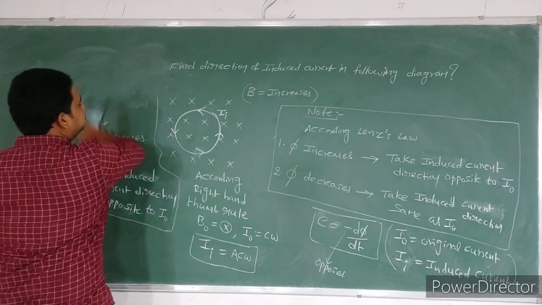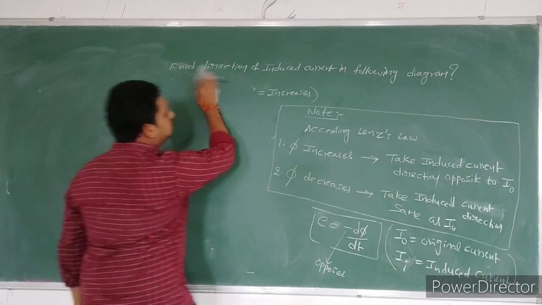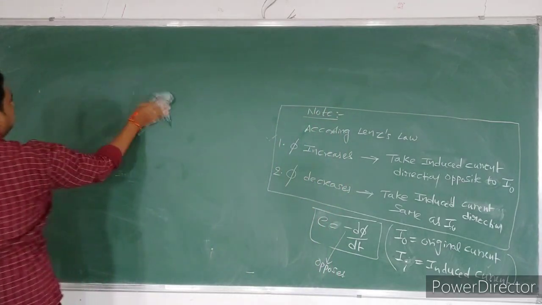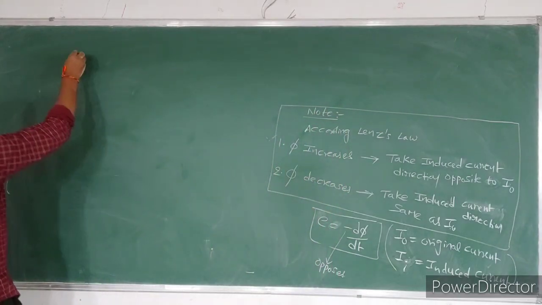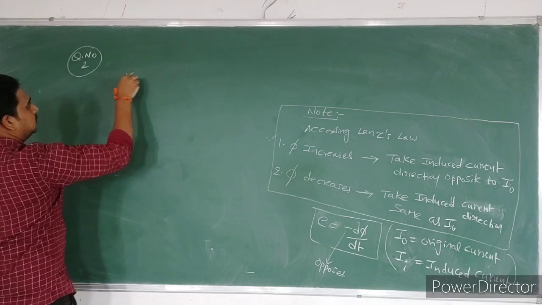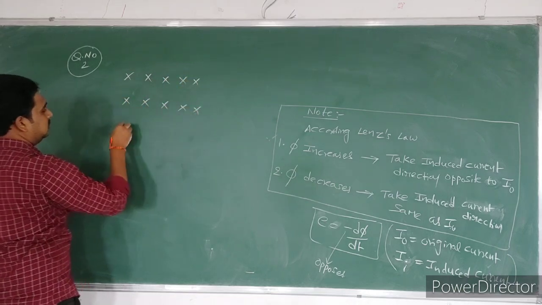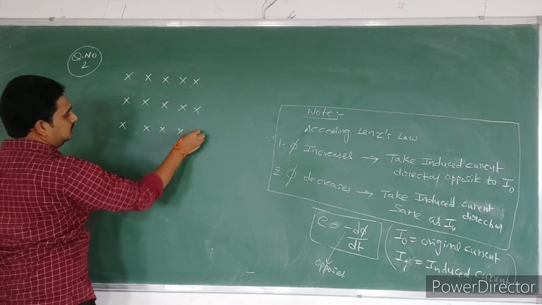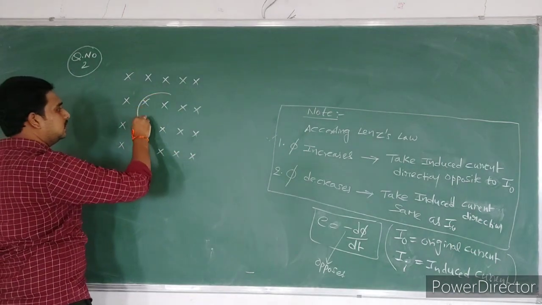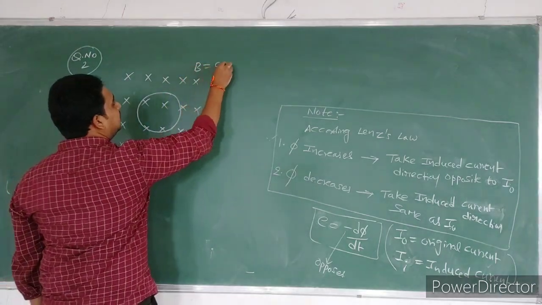Next, question number 2. Okay, the given magnetic field is constant.